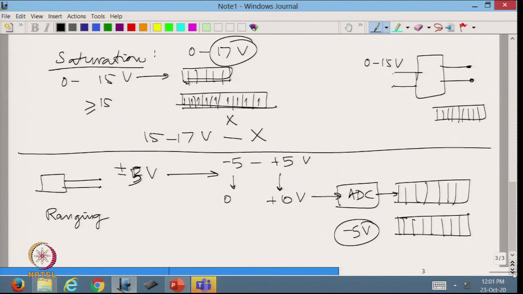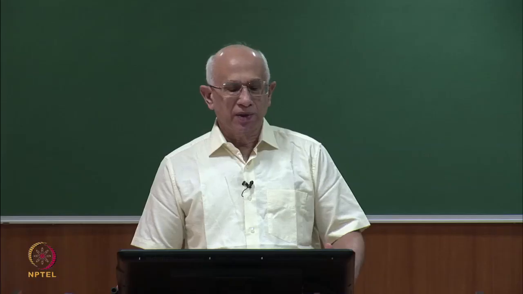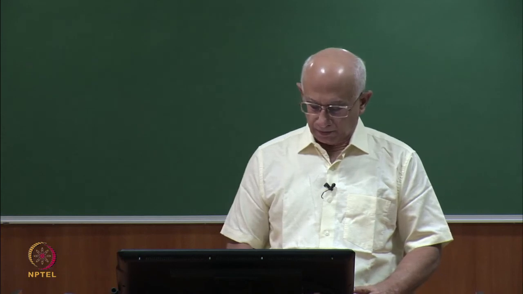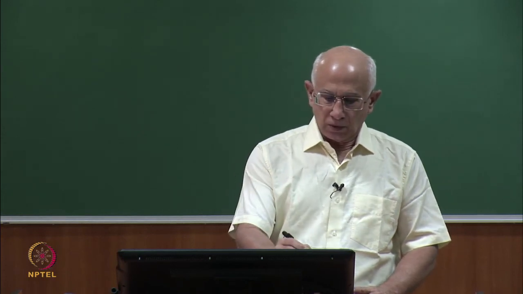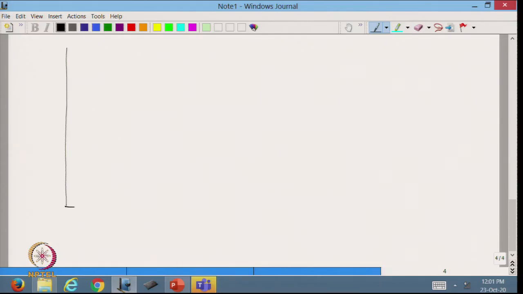So, now let us have a picture of what is actually happening in the real world. We saw this in an earlier lecture, but now this will make more sense. This side is time and this side is the signal value in volts.